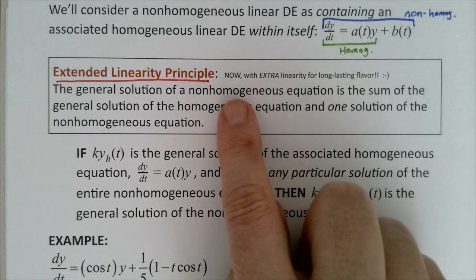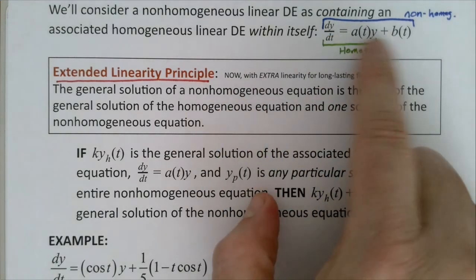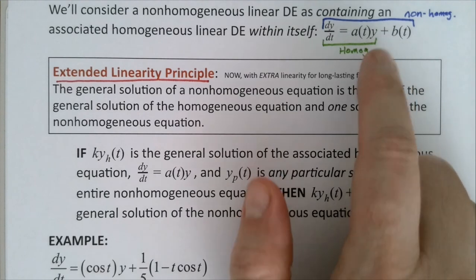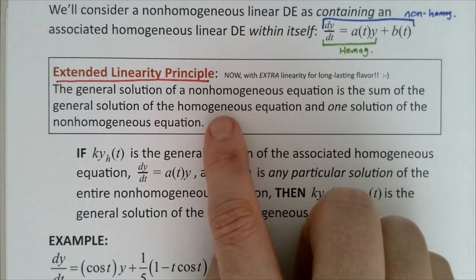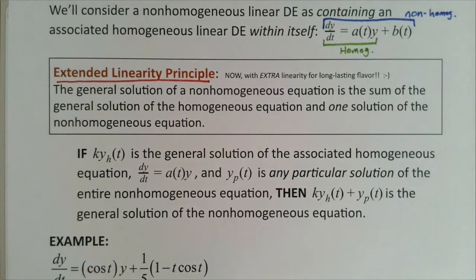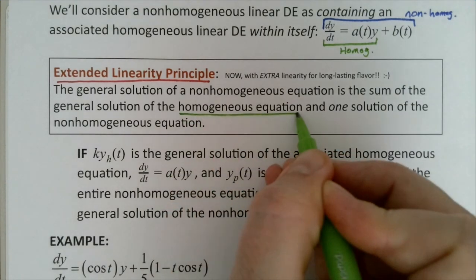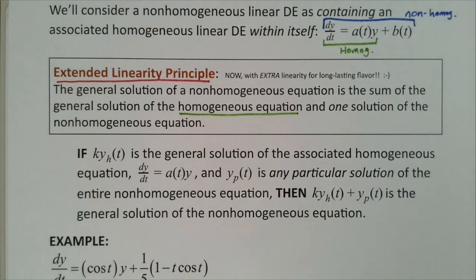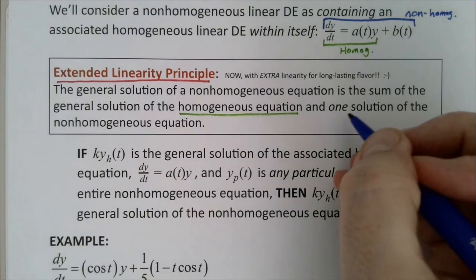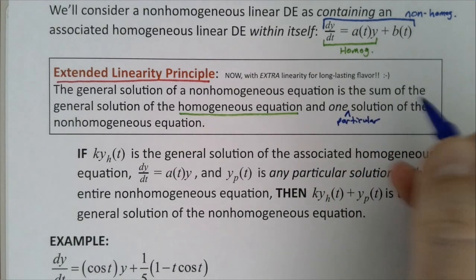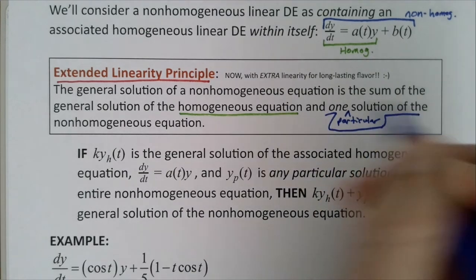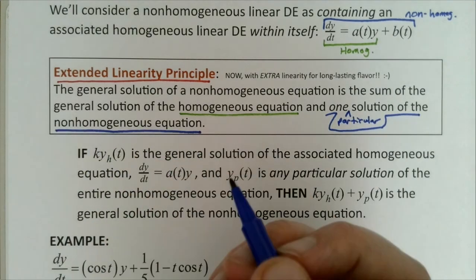The general solution of this whole thing right here is just the solution of the homogeneous part, right? And one solution, now notice it doesn't say the general solution, one particular solution of the non-homogeneous equation.